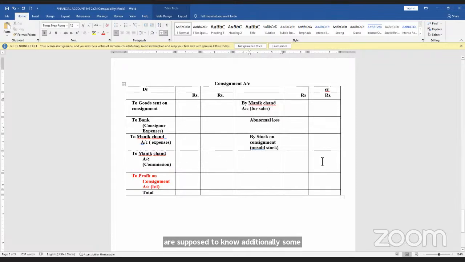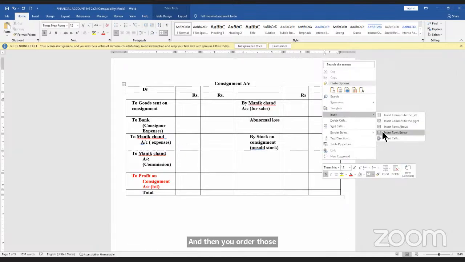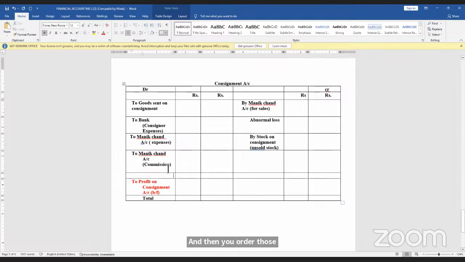I'll tell you what those are. Here, stock reserve. And here, again, goods sent on consignment account. These are the 2 extras you will get when invoice price is given.